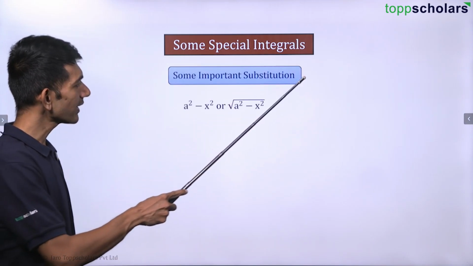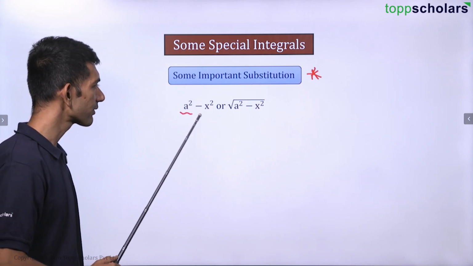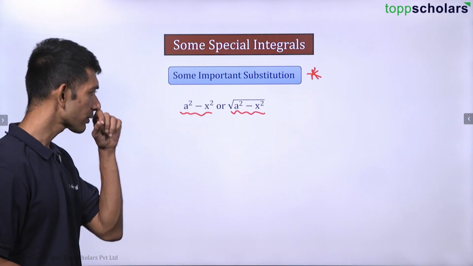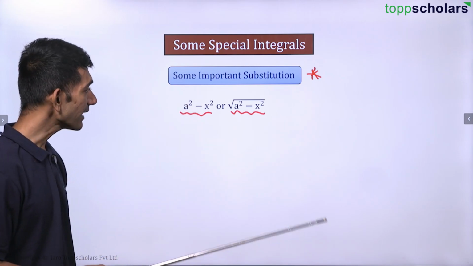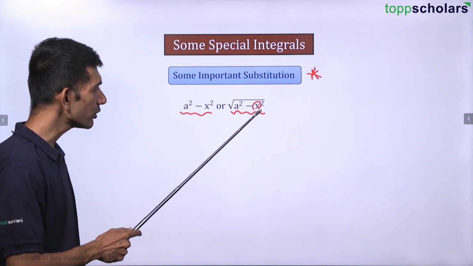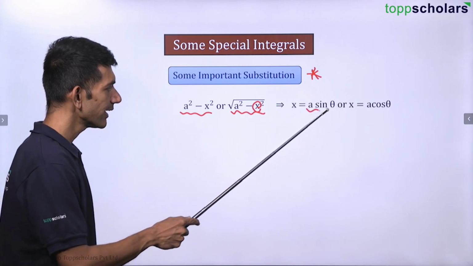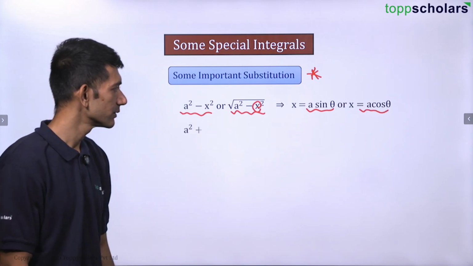Now, there are some important substitutions when we see these formats. Whenever you see a square minus x square or under root a square minus x square, we substitute x as a sin theta or x as a cos theta, depending on the question.